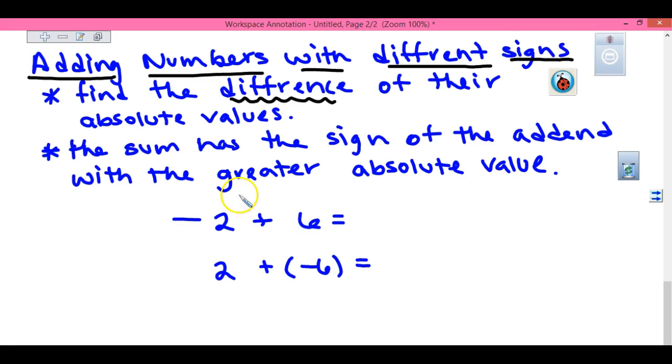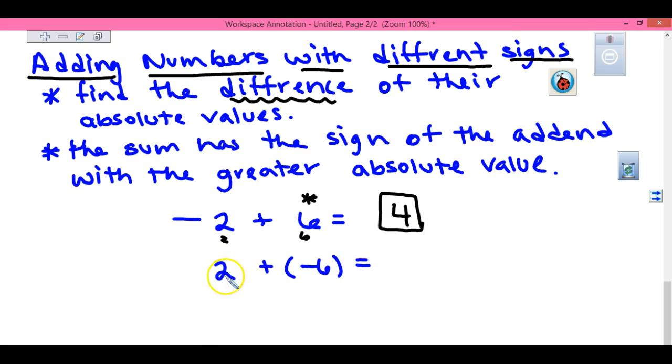In other words, if we're adding negative 2 plus 6, the absolute value of negative 2 is what? 2. And the absolute value of 6 is 6. So if we subtract these, what do we get? We have 4. But we're going to keep the sign of the number with the greatest absolute value. In this case, it's what? 6.